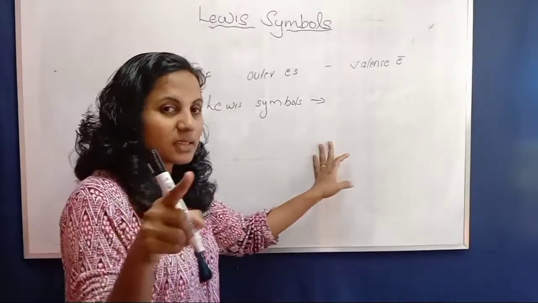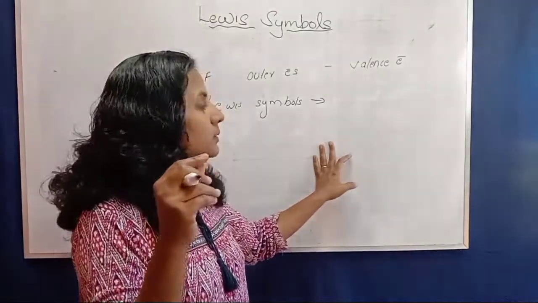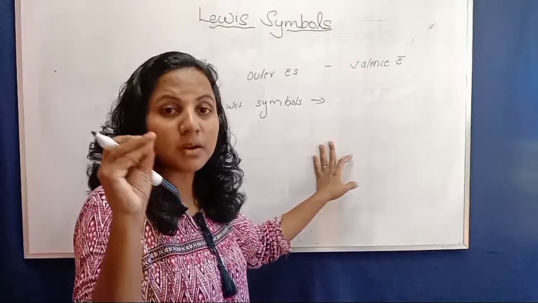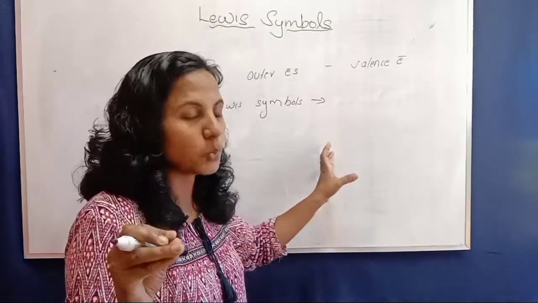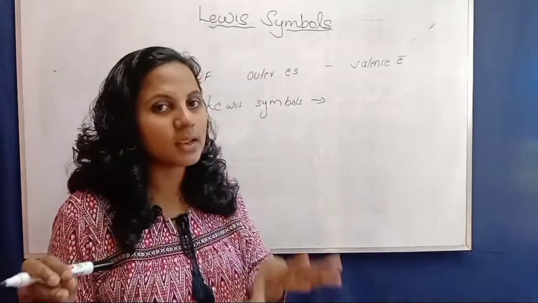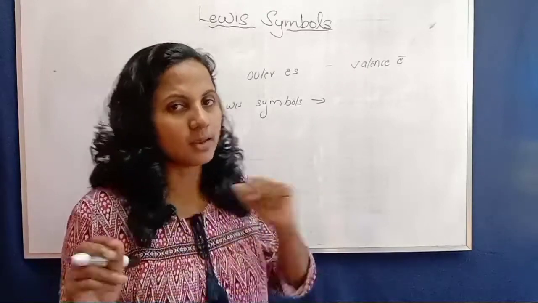Lewis symbols are very simple notations given by Lewis in order to represent the valence electrons of an atom.